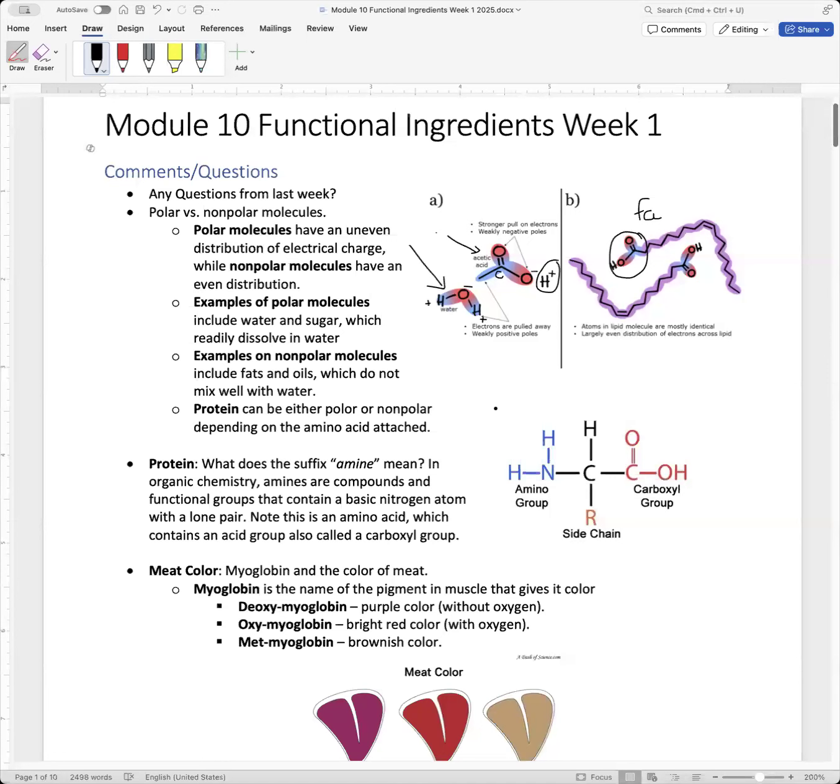What happens with a polar and a non-polar when they're put into an emulsification? Then we have to add a third ingredient, an emulsifier, something that is polar on one side and non-polar on the other.